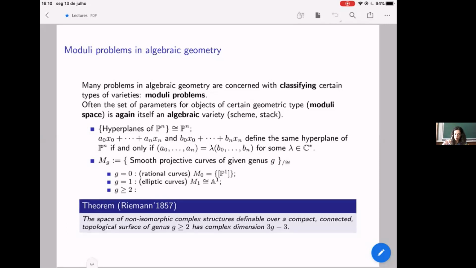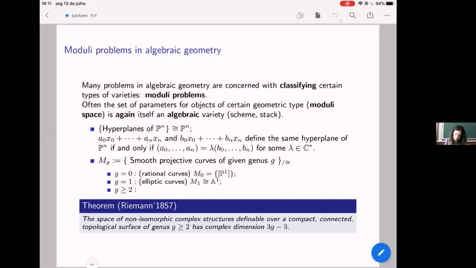And then if we move to genus at least 2, then this is harder, but it's also very classical, and it's the work of Riemann in the 19th century. So we have this theorem due to Riemann: the space of non-isomorphic complex structures definable over a compact connected topological surface of genus at least 2 has complex dimension 3g minus 3.